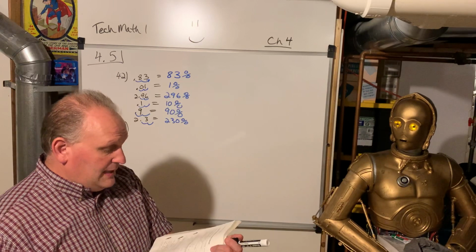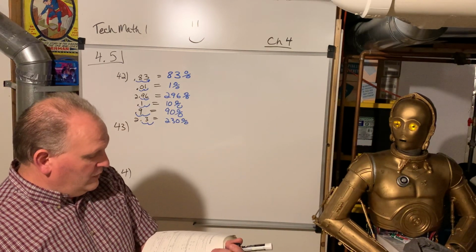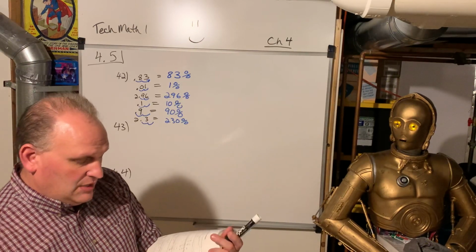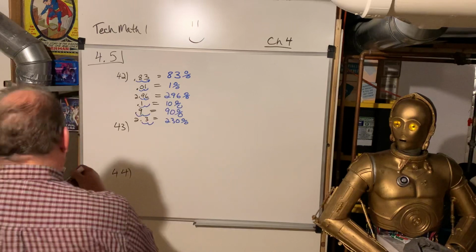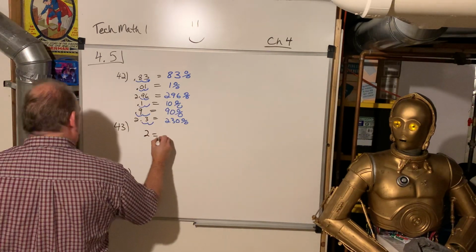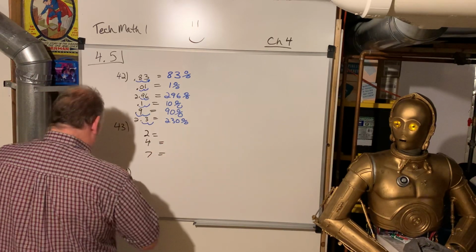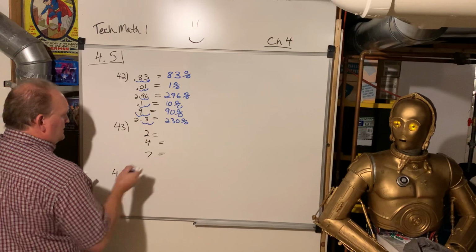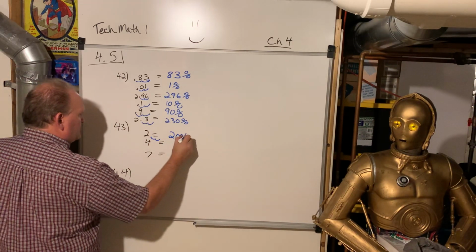Convert to a percent. And now, they went even weirder still, where they're really large and really small are kind of hard to work with. So let's look at the really large ones, that's 43, that's 2 equals, and 4 equals, and 7 equals. Well, now think about that. The decimal right here, I'm going to move it 2 places, that's 200%.